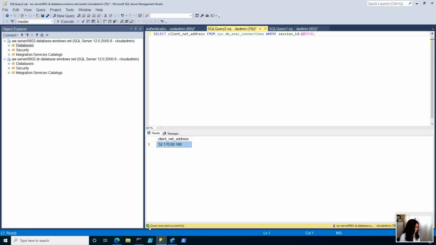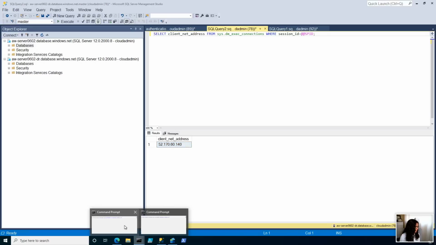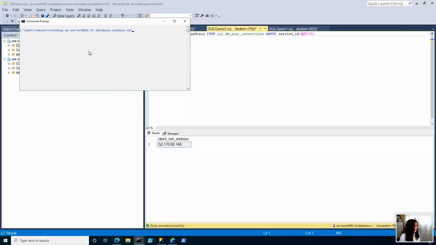Now, the other thing I can do is run an NS lookup, and this is just going to show me the DNS hierarchy. So I'm looking up that server, and what you're seeing is a few things. This IP address is specific to Azure, but I'm also able to see some information about that database server.